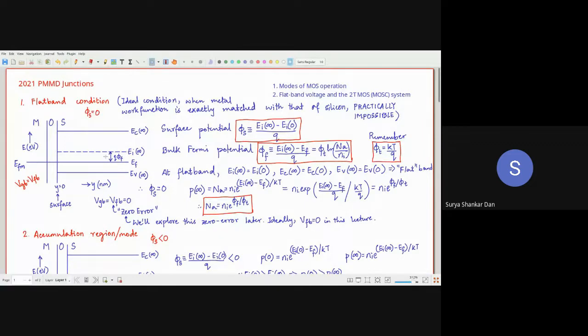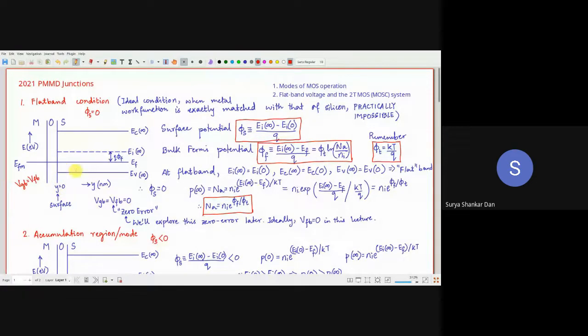Okay, how do we understand this bulk? Notice that we have put the y-axis in such a manner that at the surface, that means the oxide-silicon interface, which I will call the surface, the standard term for this particular interface, that is y equal to 0.